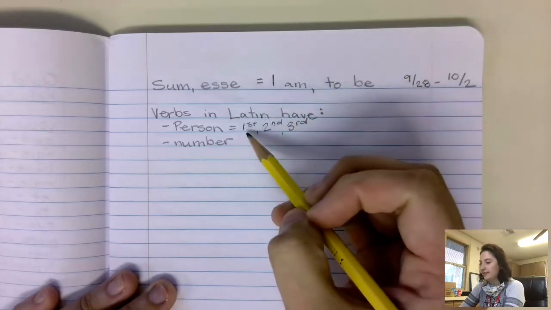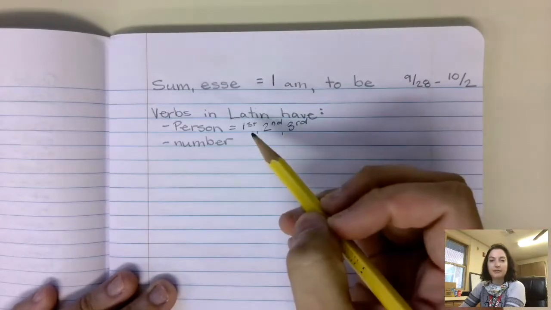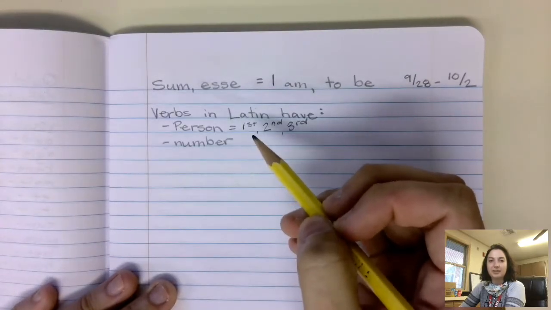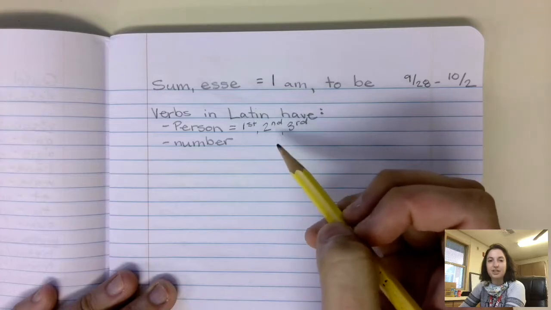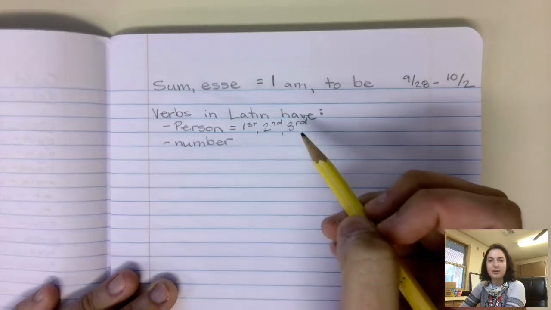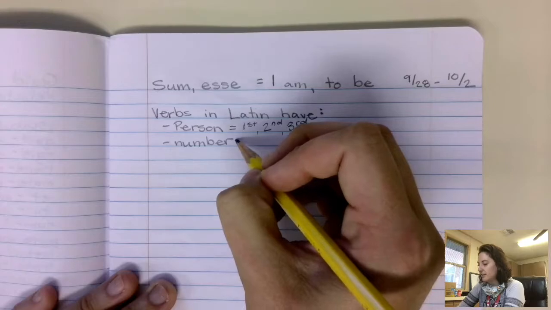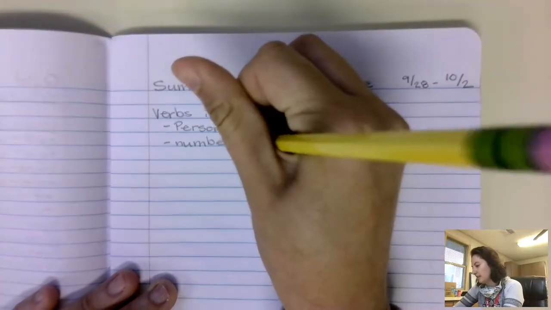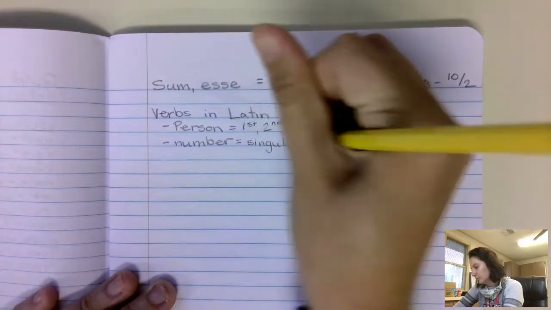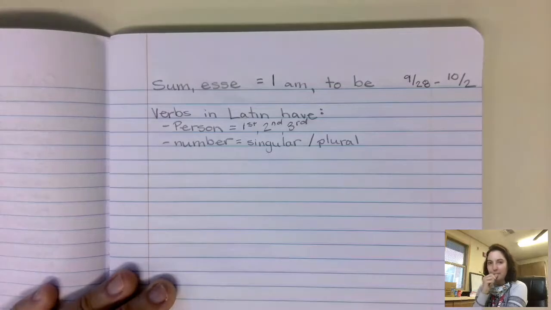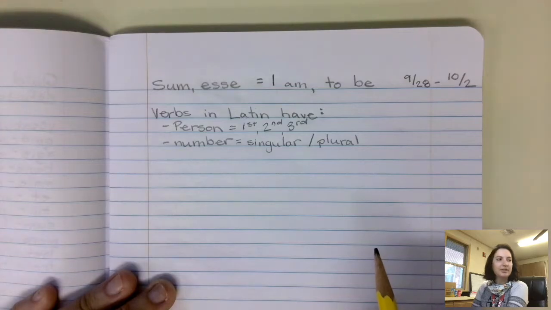These go just like in English. So first person is the I or we are doing the verb. Second person is you or y'all are doing the verb. And third person is he, she, or it, or they are doing the verb. And then there's number, which is either singular or plural. Alright, take a second, make sure this is all written down, pause the video if you need to.